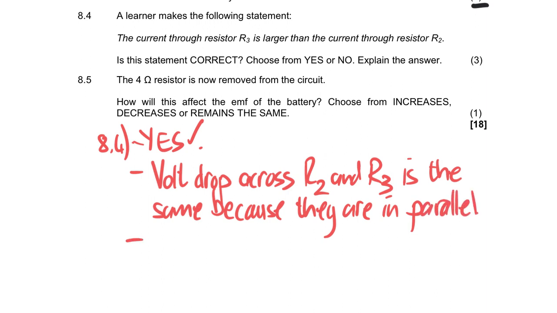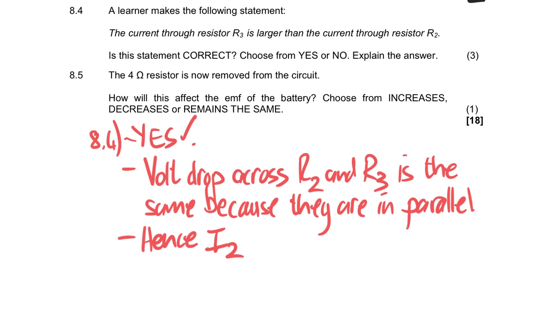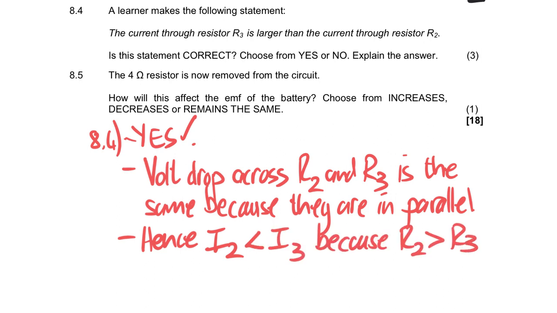Okay. Hence, I2 is going to be smaller than I3 because R2 is greater than R3.